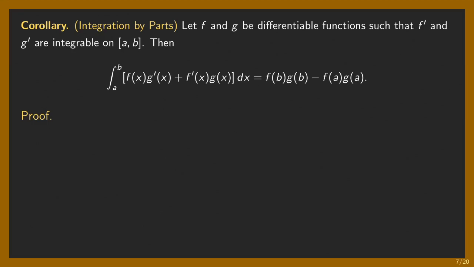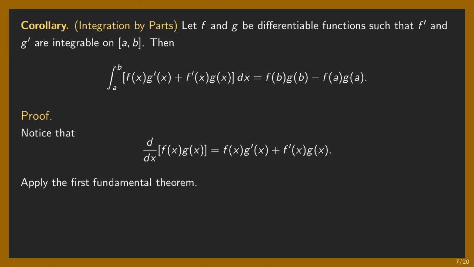Then, according to the theorem, this integral, as you can see, ito yung f times derivative ni g, derivative ni f times g, so it reminds you of something, right? Is f of b times g of b minus f of a times g of a. Let us see why. It is based on the, what do you call this? The product rule for differentiation.